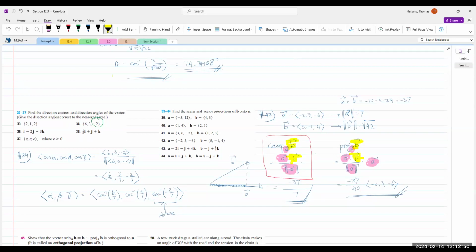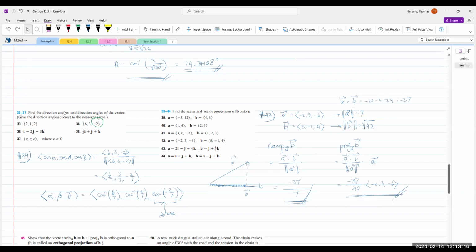I hope that helps you to memorize. You will see these questions a lot though, so get used to it. Notice that I actually don't need to do this. Just in case I reverse the question, find the component of A onto B, then you will need the magnitude of B in the denominator.